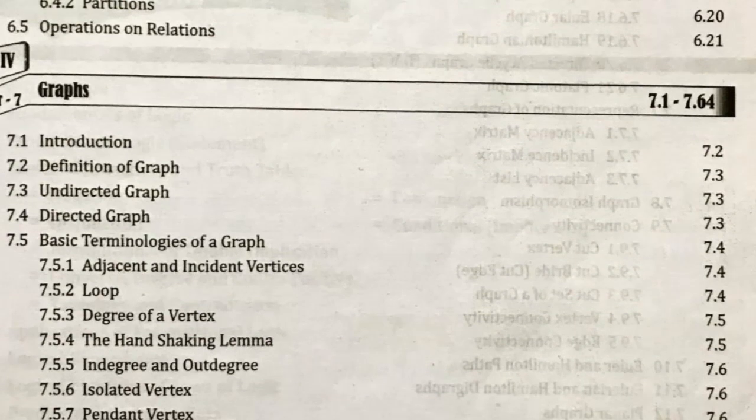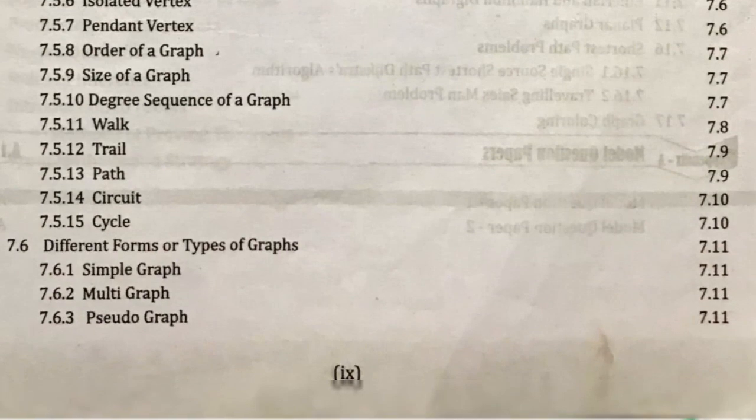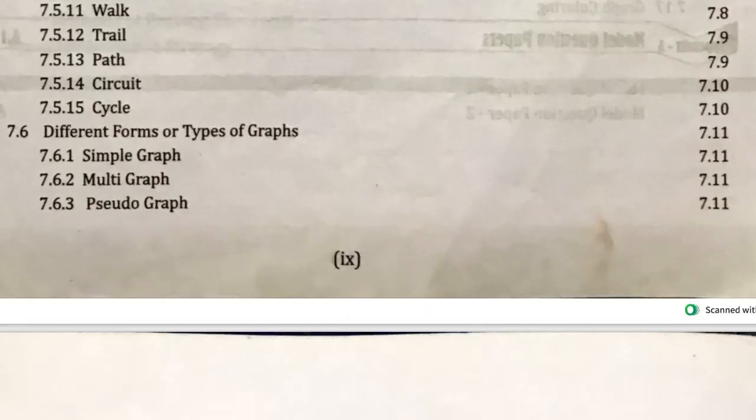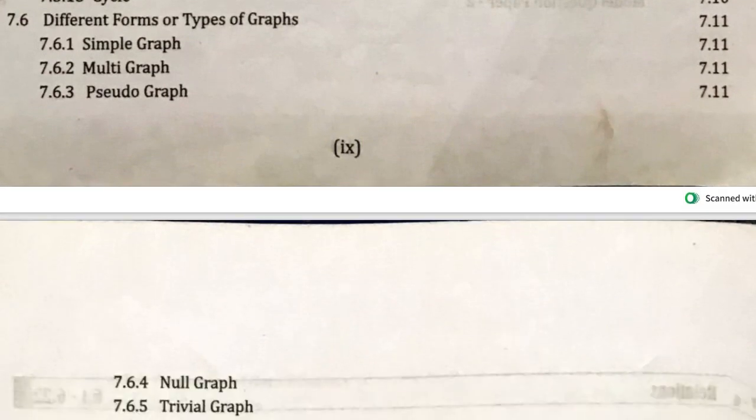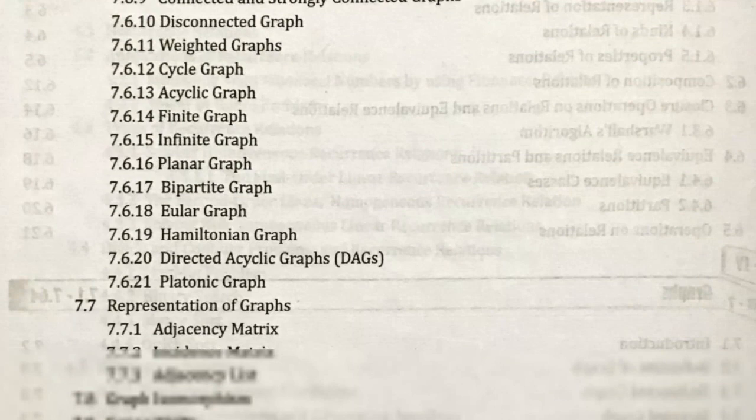Then moving on to unit 4 and chapter 7, we have graphs, where we'll be learning the different definitions which come under graphs, and different forms and types of graphs we will be learning in this chapter.